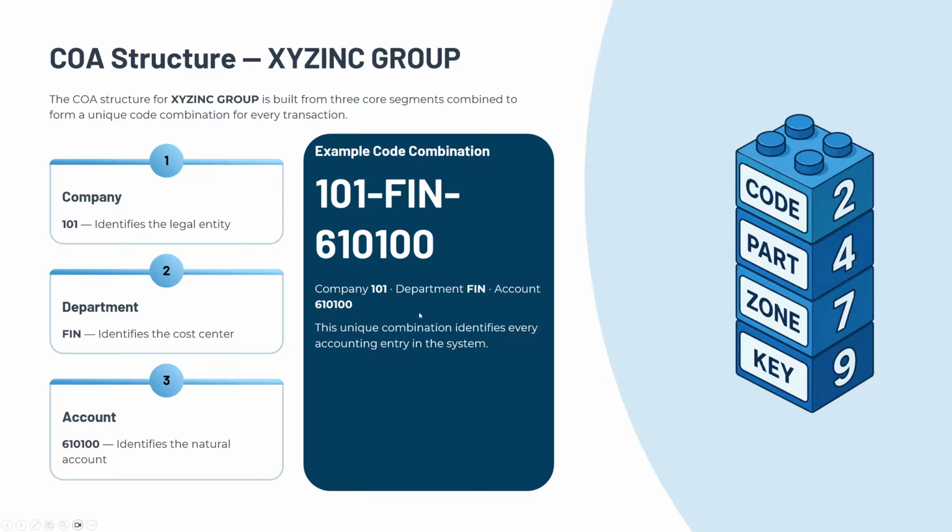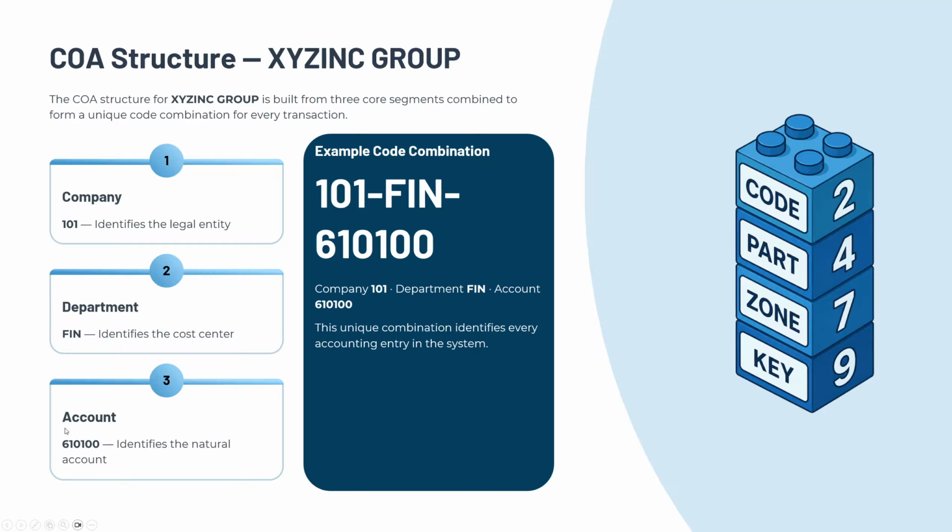Because of that, if we enter any transaction in the financial structure, the transaction will not represent any other department or any other account. Under the company, we define the value set as 101. 101 here identifies the legal entity. The department here identifies the finance department, and the label is the cost center segment label.